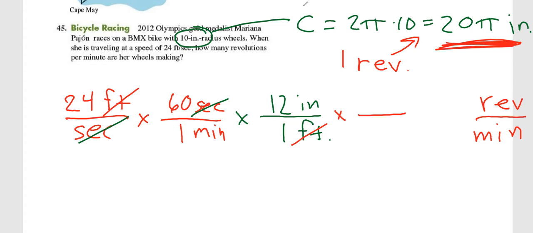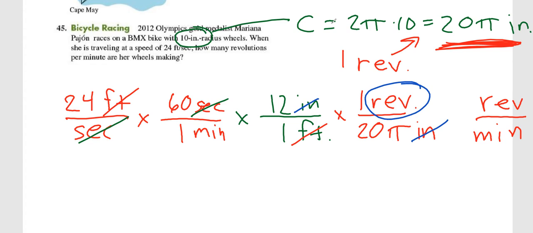So what fraction do I need? Do I put the revolution on the top and the inches on the bottom, or the inches on the top and the revolution on the bottom? Revolution on the top, because that's where we want it to end up, and inches on the bottom. So now I know my inches cancel out, and I'm left with revolutions per minute.